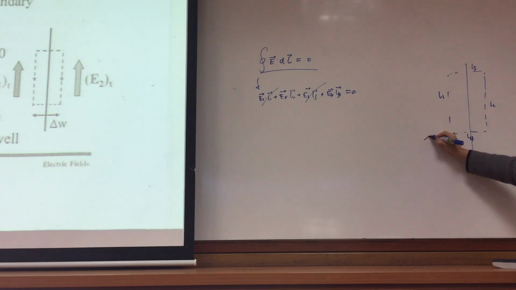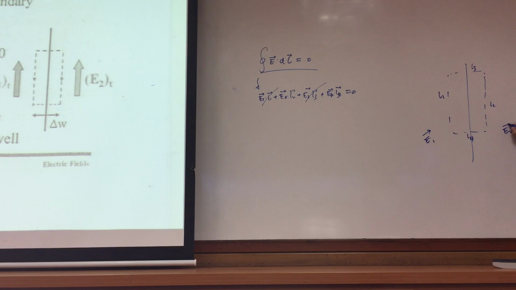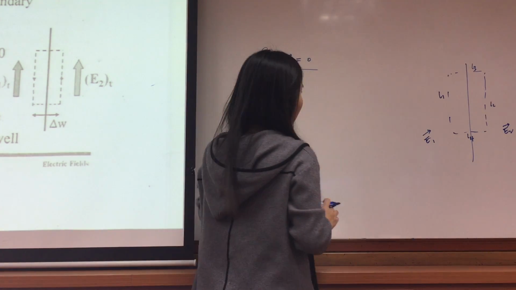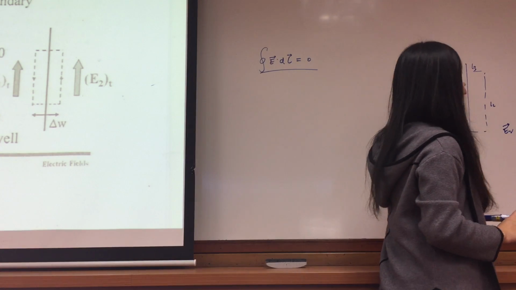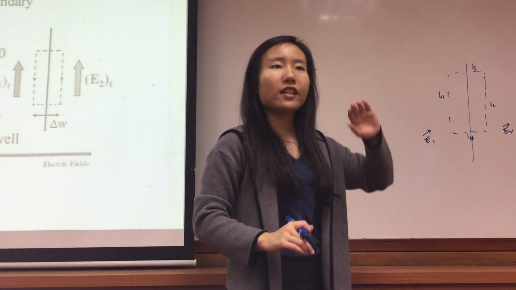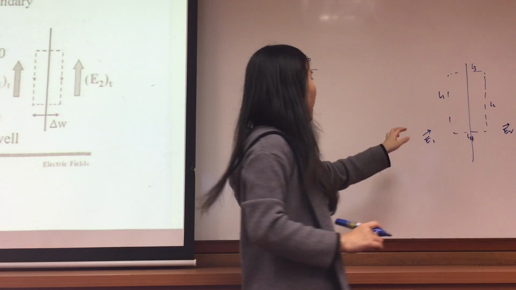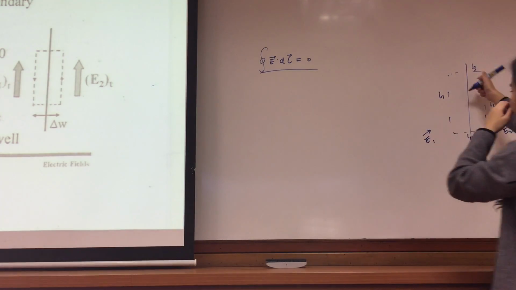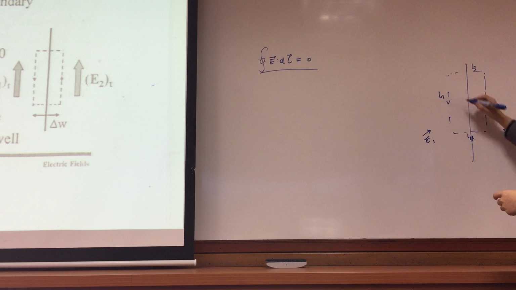So usually E1 exists here and E2 exists here, because they have two materials. For this case, let me write it in a more rigorous way. Because I shrink the side lengths to 0, they will be gone. I only have L1 and L2, and because this is a loop, it has a direction.